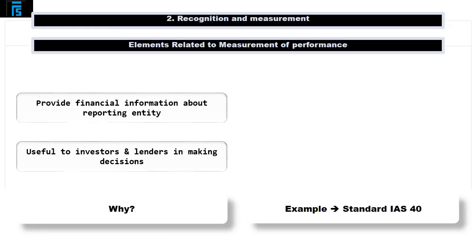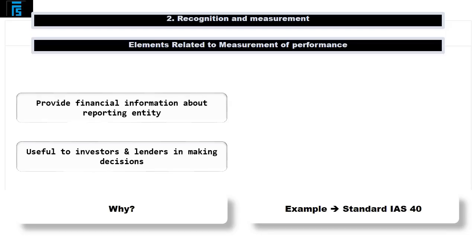The framework goes on to explain that these decisions may involve the buying, selling or holding of equity or debt instruments, as well as the provision or settlement of loans and other forms of credit.